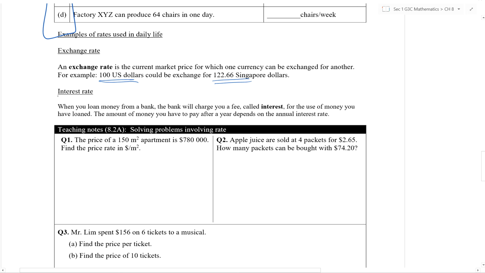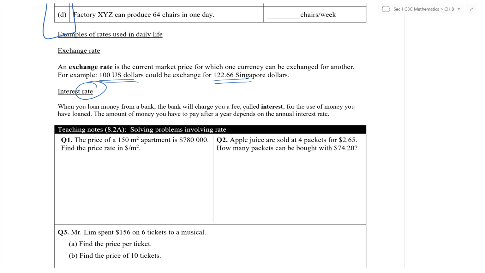Another example of when we will have rates in our real life is interest rate. When you borrow from a bank, when you borrow from a credit card, you need to return the money with interest. Okay, and this is like a fee. These are the extra amounts of money that you need to pay in return for the loan that you obtain.